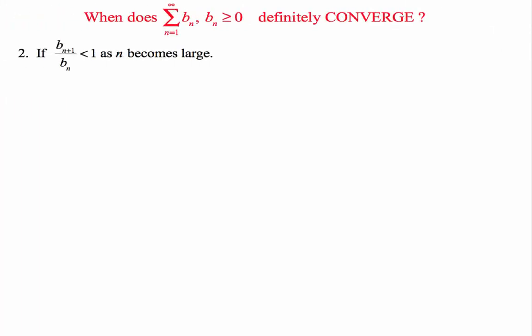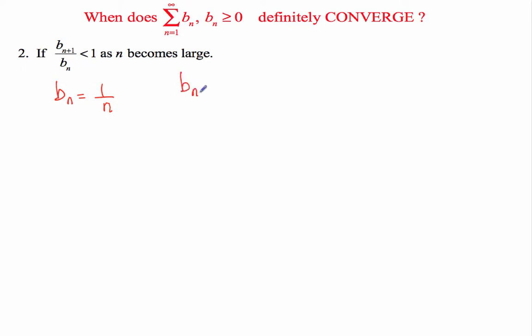To see how the ratio test works out, let's look at a couple of examples. First, let me look at Bn equal to 1 over n. We know that the sum of 1 over n does not converge, but let's see what the ratio test is telling us.